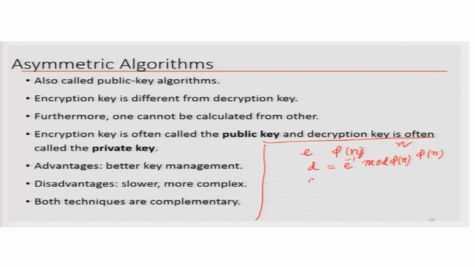In other words, d times e is equal to 1 modulo phi n. If you do not understand modulo arithmetic, that is fine, we are just giving you this information. It is not necessary for this course to know exactly how the algorithm works, but just to give you an idea. So, the public key is (e, n) and it is published, and the private key is (d, n), which is kept secret.